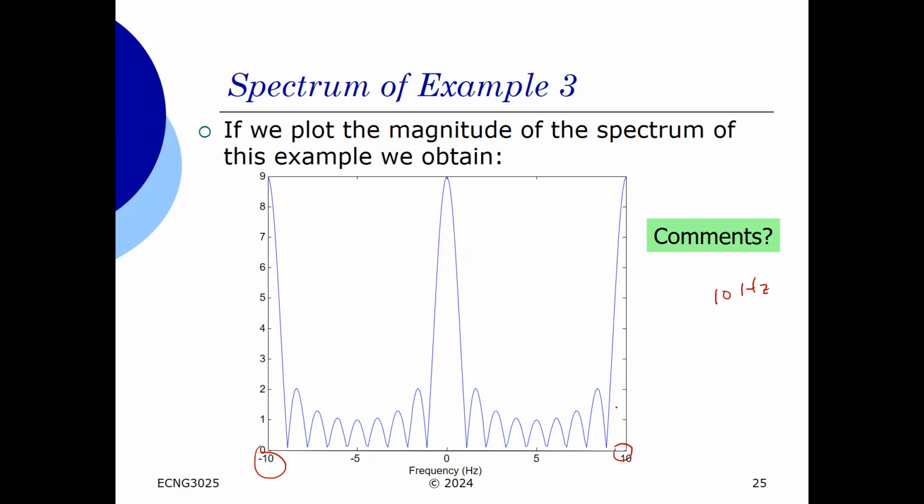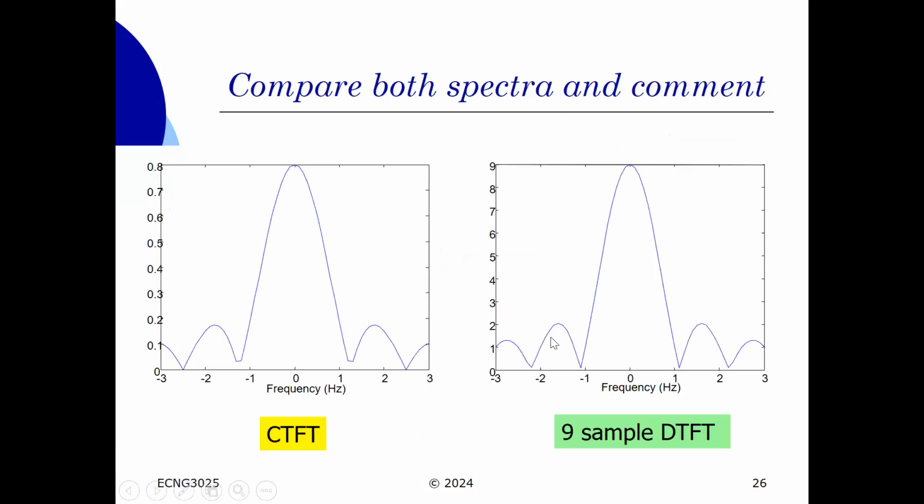So let's zoom again, right? So this is the good one on the left, quote unquote, and the 9 sample one on the right. Notice that we're starting to get a little bit better now. It's not 0 at 1, it's not 0 at 2, it's not 0 at 3. So the 9 samples are giving us a closer representation of what the real spectrum of that pulse is supposed to be, through an approximation.